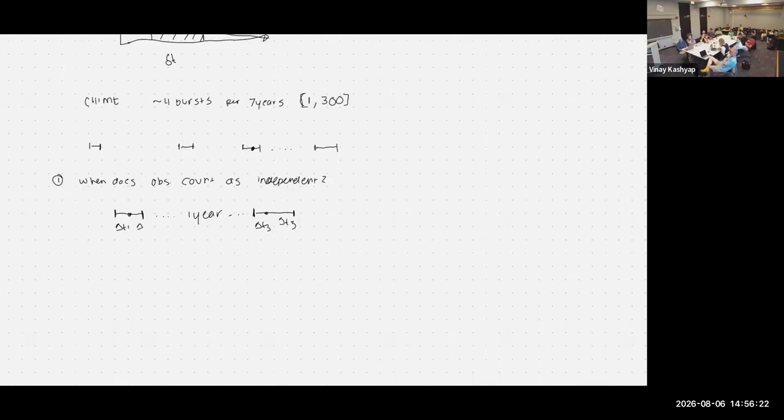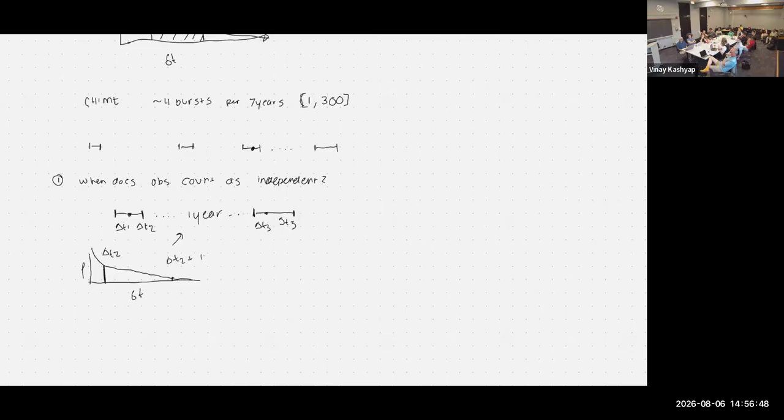But if you wanted to write out the likelihood, assuming they're either independent or dependent, you would have this. In the first case, you would say we know this waiting time is greater than delta T2 and less than delta T2 plus 1 year plus delta T3.